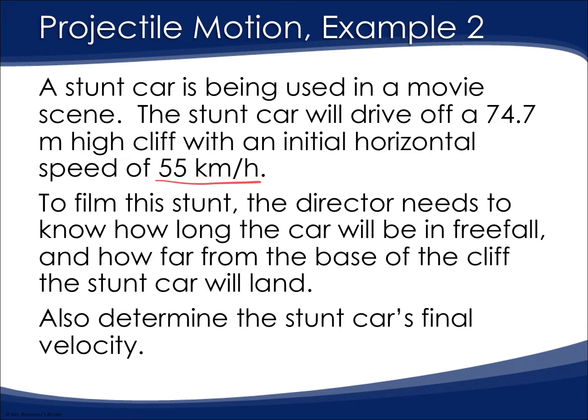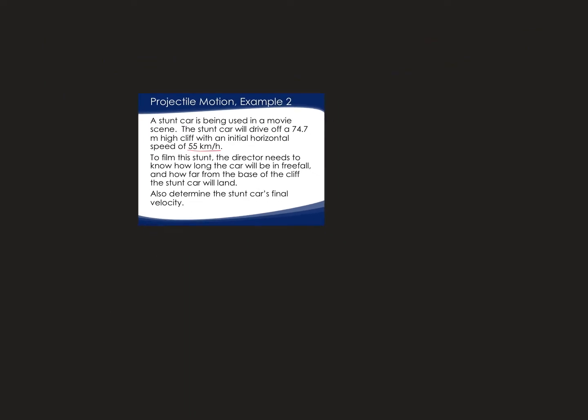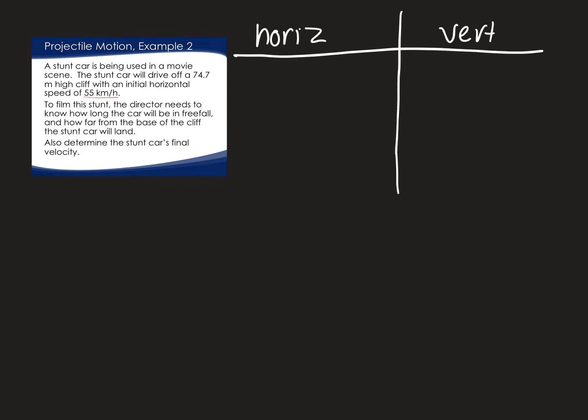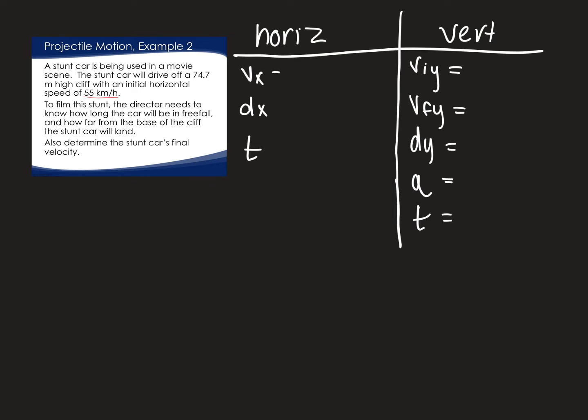Okay, so let's look at this picture. I'm going to do like I did yesterday and shrink. So we have horizontal and vertical. All right, so let's write down what we know so far.